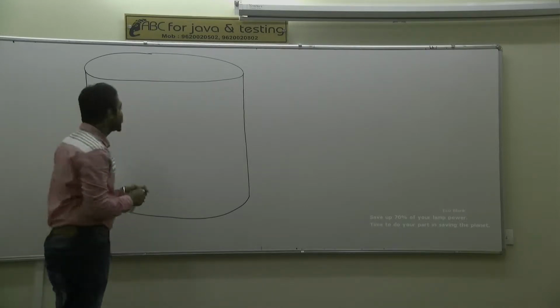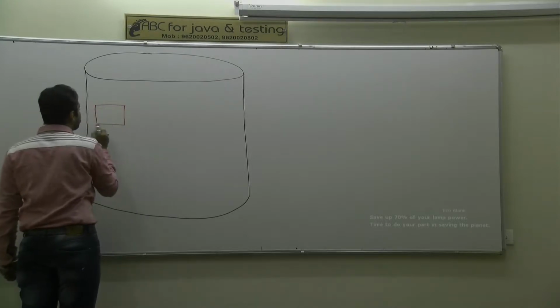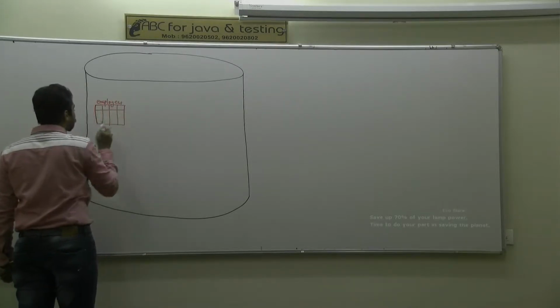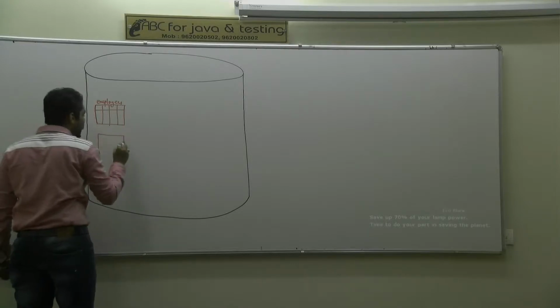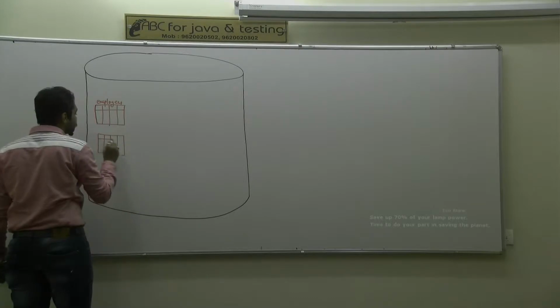What tables we have created, sir? You have created the table by name employees. One table you have created like this. Not only that, you have created a table by name departments.